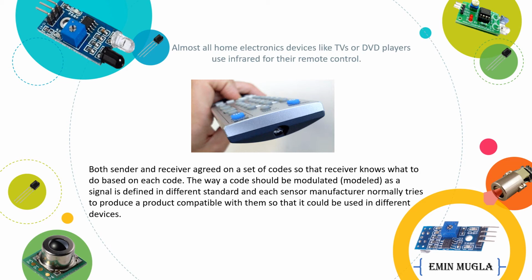Both sender and receiver agree on a set of codes so that the receiver knows what to do based on each code. The way a code should be modulated as a signal is defined in different standards, and each sensor manufacturer normally tries to produce a product compatible with them so that it can be used in different devices.